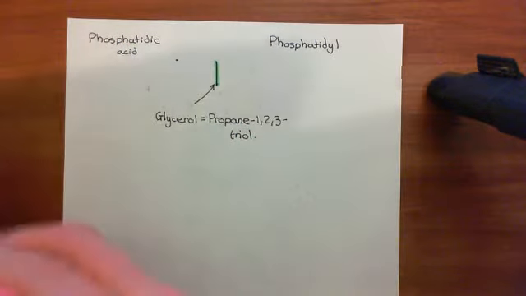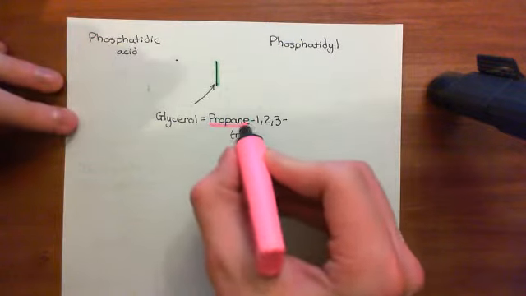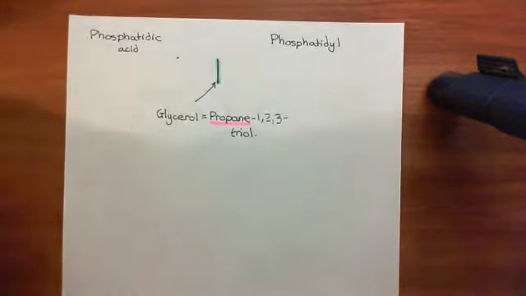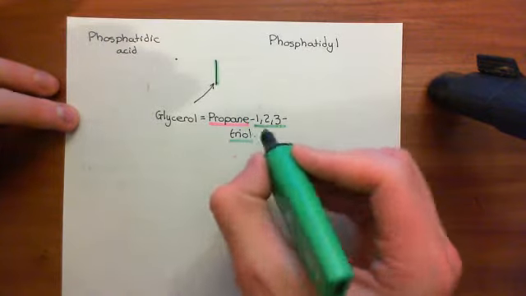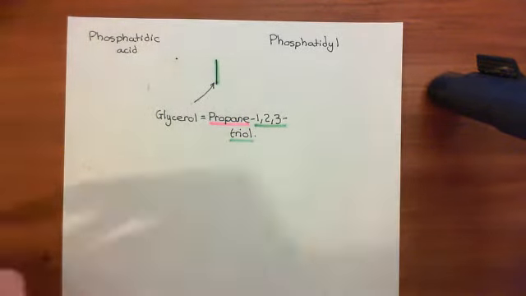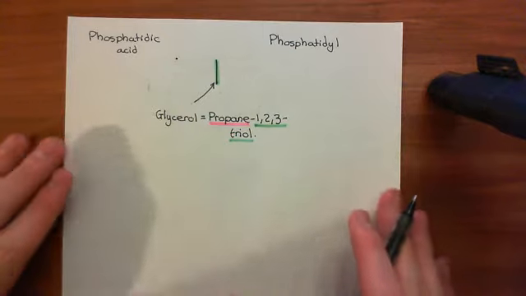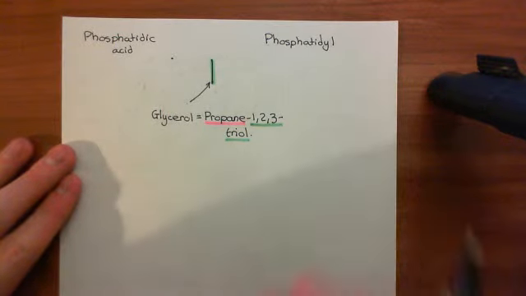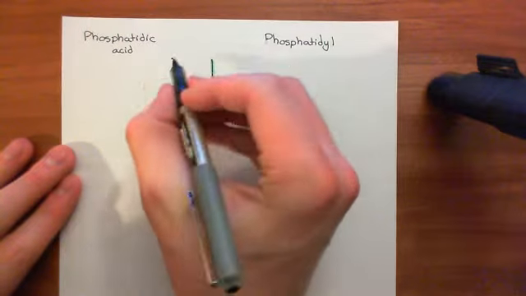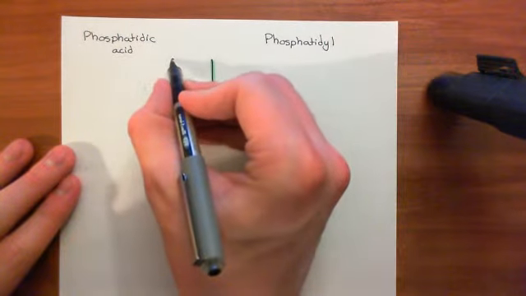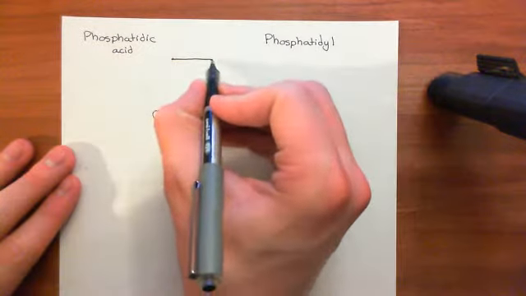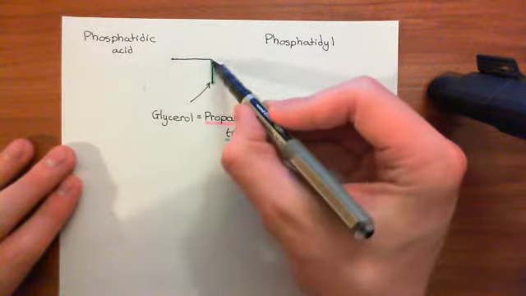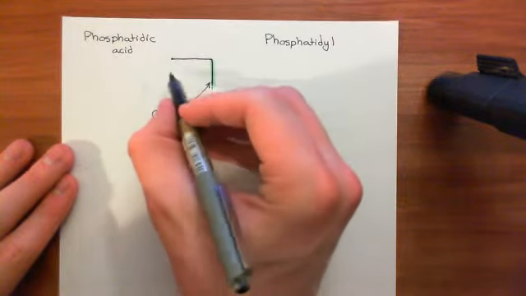Propane tells us that we're dealing with a 3-carbon molecule, and the 1,2,3-triol means that we've got alcohol groups coming off the 1st, the 2nd, and the 3rd carbons of that molecule. Now, to create phosphatidic acid, what you do is you attach onto the alcohol group that comes off the 1st carbon a long-chain carboxylic acid.